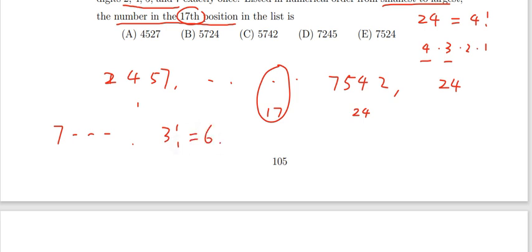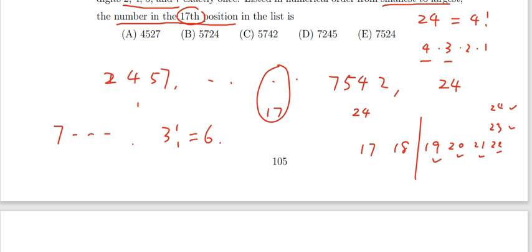So if the first digit is 7, those numbers are the largest. We have 6 of them, so positions 17 to 24 have 1, 2, 3, 4, 5, 6 numbers.